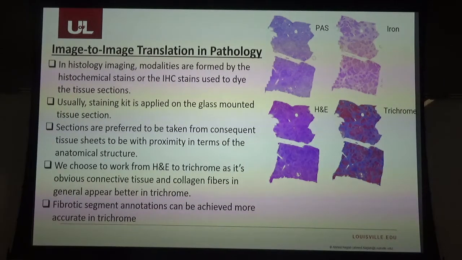So the collagen fiber can be of high importance in terms of the diagnostic activities that we can do in the field of bioimage analysis. So we thought of formulating a problem where we wanted to translate from H&E to trichrome stain. So that's the generative AI problem that we wanted to have.